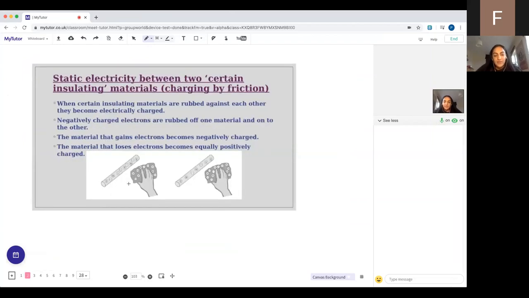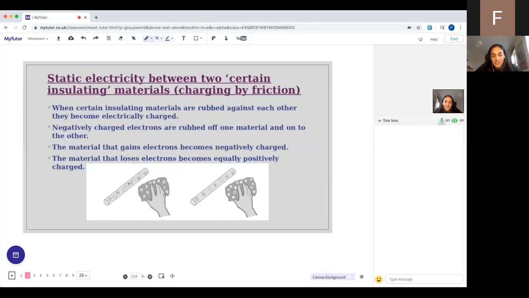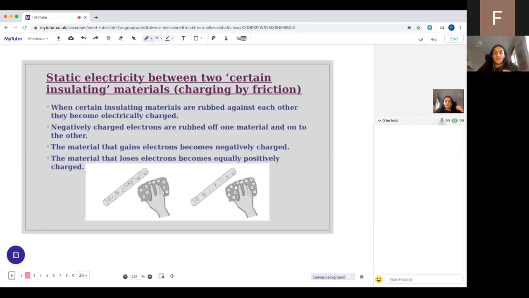Okay, so we have this thing called static electricity, and I'm sure you've probably experienced it before when you've rubbed a balloon on your head, or maybe you've been taking off a jumper and you felt an electric shock. So static electricity is everywhere and it happens between charged objects. So here we have static electricity between two certain insulating materials.